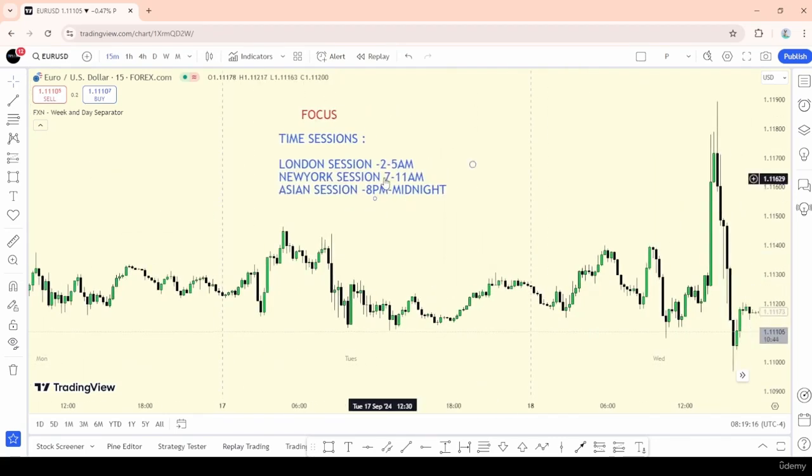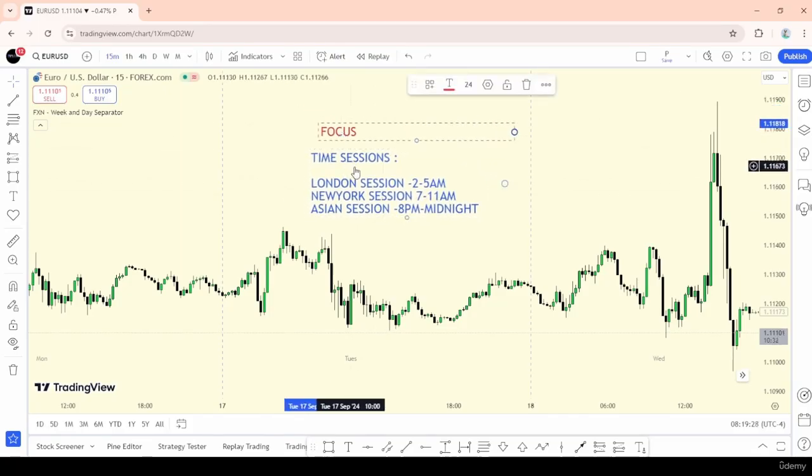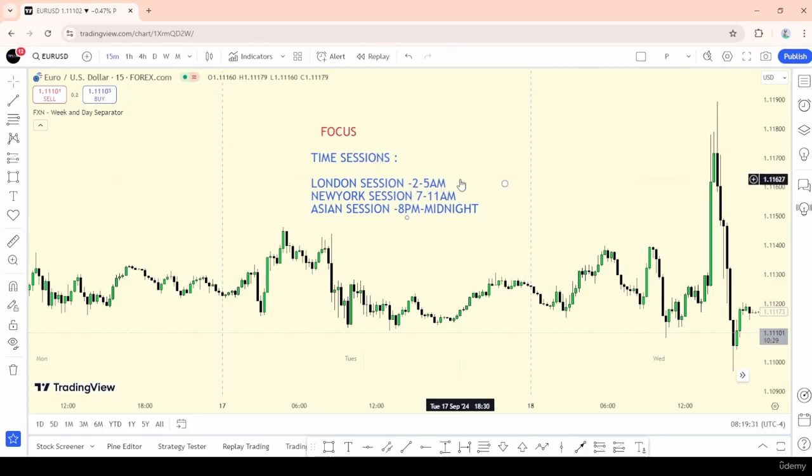Any time outside these session zones creates low probability scenarios for your trade ideas. I'm not saying that you'll not get opportunities outside these sessions, for example between 5 a.m. to 7 a.m., but the London, New York and Asian sessions are the time zones with high probability for the market to respect our strategy and movement.